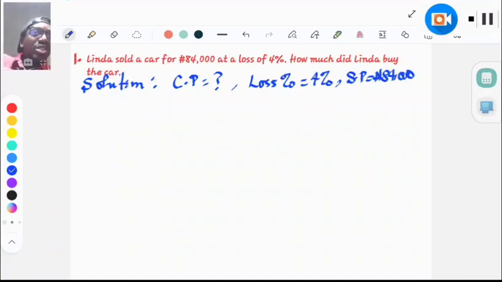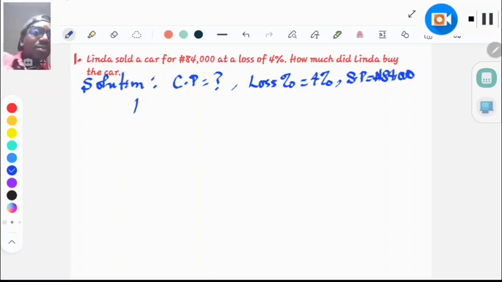For instance, you buy a biro for 20 naira, and you sell it for 10 naira, you are going to be making a loss. I needed to slot that in so that we remember some of the basic principles that guide loss percentage.